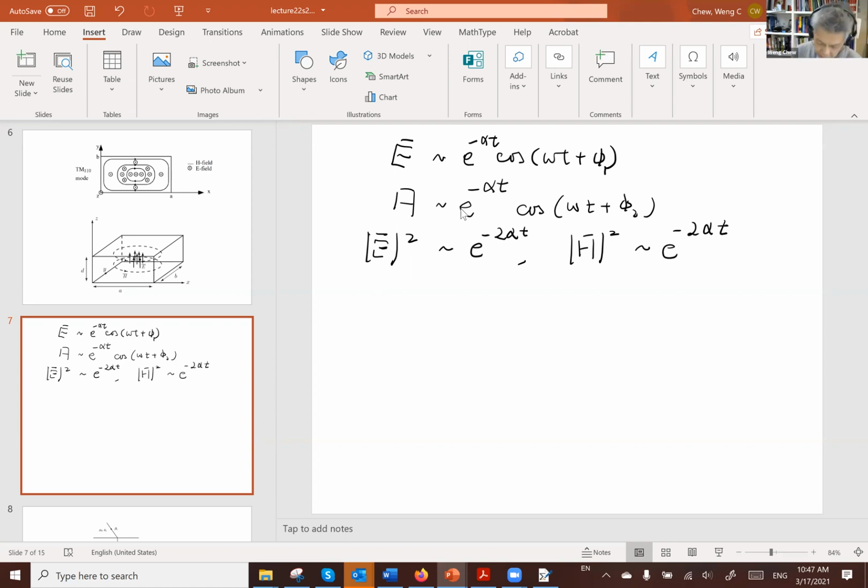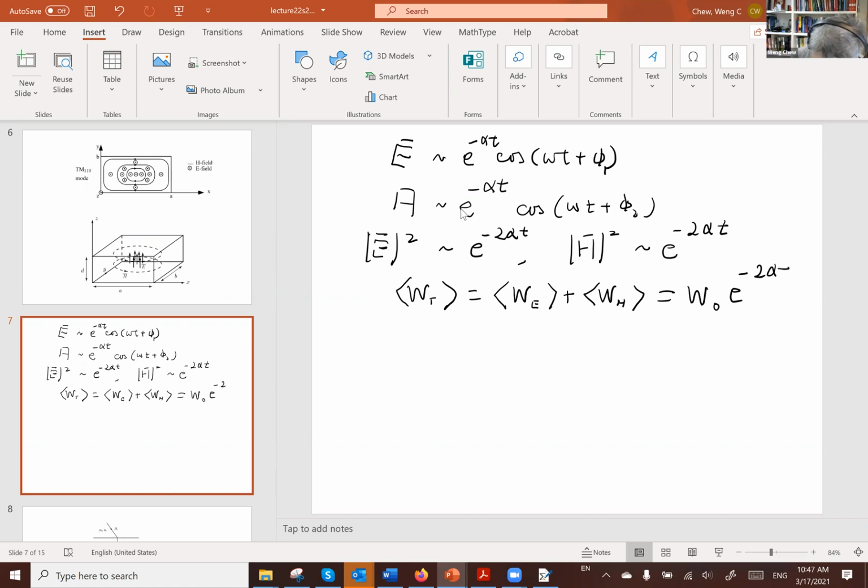And then what you can see is that the total energy stored, which is usually proportional to the energy stored in the electric field plus the energy stored in the magnetic field, will be proportional to a constant times e to the minus 2 alpha t. So the energy stored would decay in this manner.